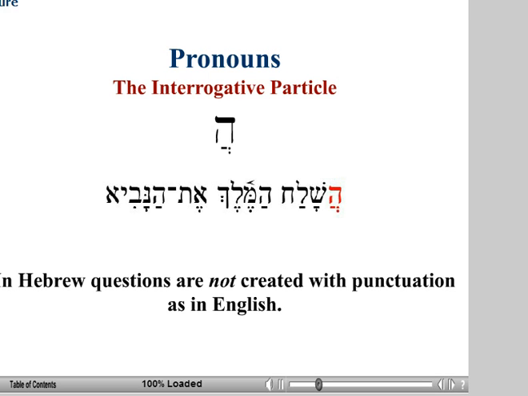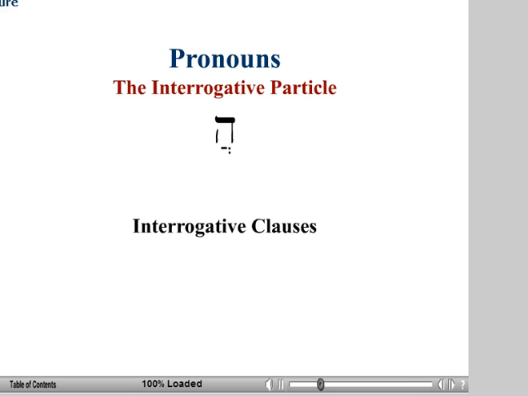Hebrew does not have a question mark as we do in English. Rather, interrogative clauses, that is, sentences asking a question, are created with the use of certain interrogative pronouns, such as mi or mah, or with the interrogative particle, hey, with a hatef patach. Again, the interrogative particle is prefixed to the first word of the sentence.